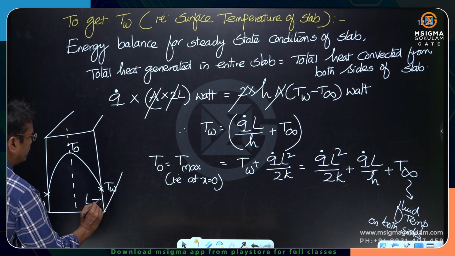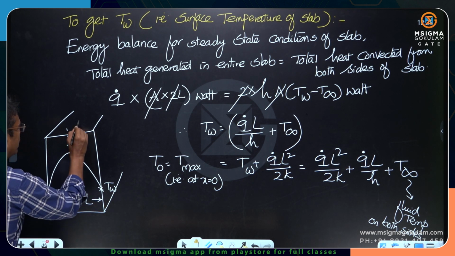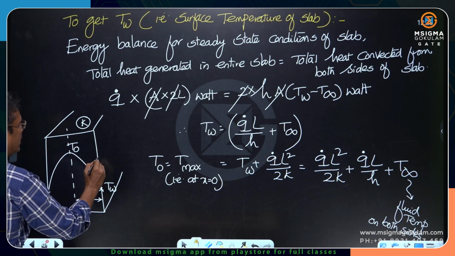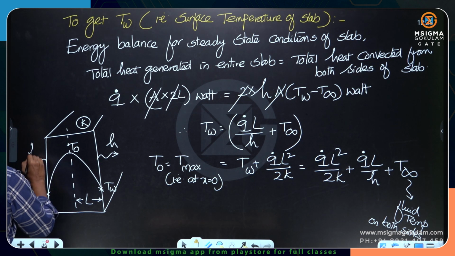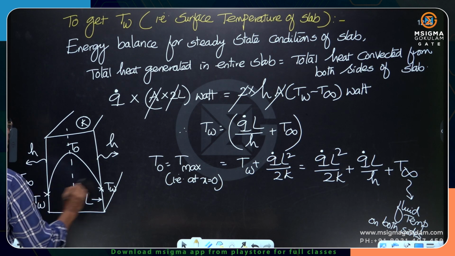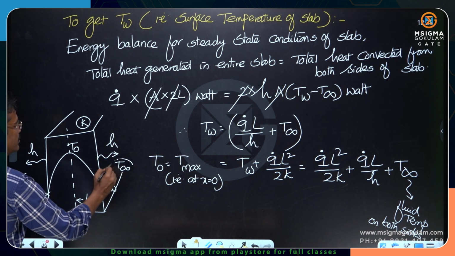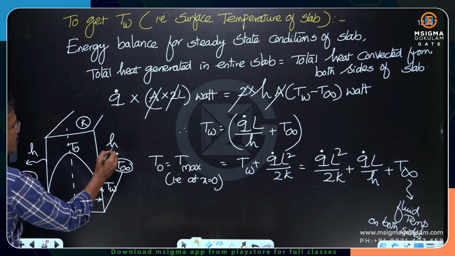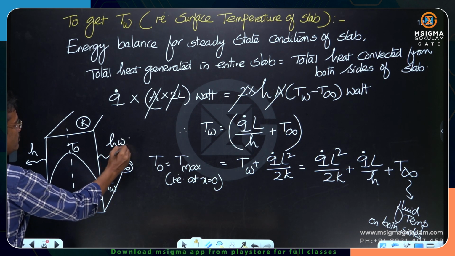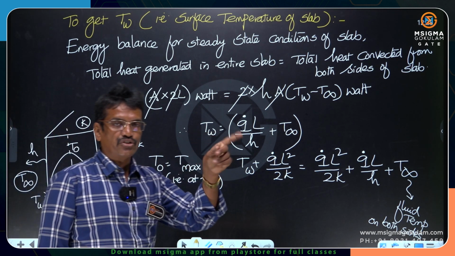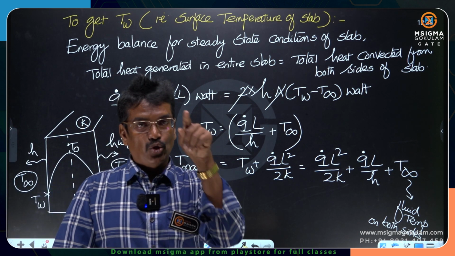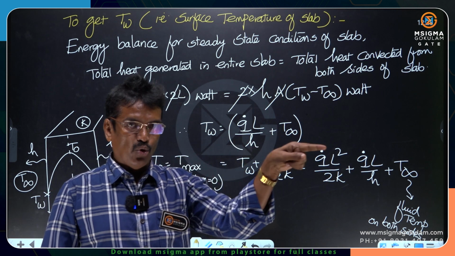L is half of the thickness, K is the conductivity, h is the convection coefficient, which is the same on both sides, and T infinity is the fluid temperature, also the same on both sides. Whenever there is an h, what does it mean? h signifies convection, just like K signifies conduction.